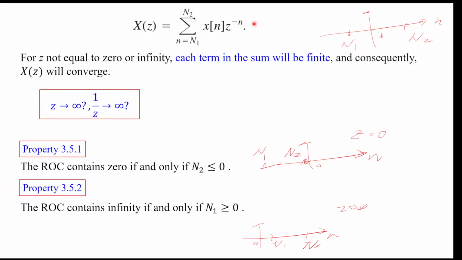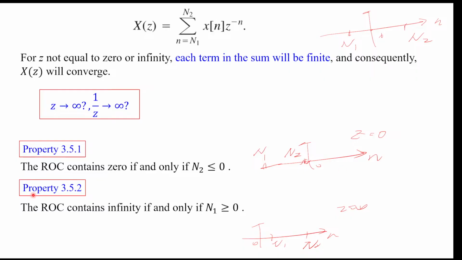That's when this summation doesn't have a positive number n, which means a negative power of z. So we have our property 3.5.1, which says that the ROC contains 0 if and only if n2 is less than or equal to 0. In this case, the ROC will contain z equal to 0.